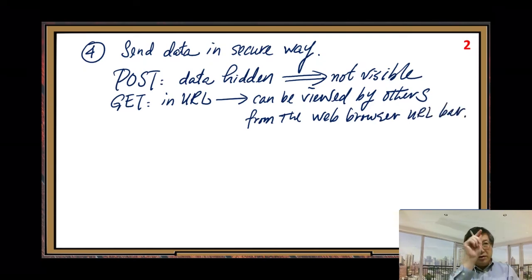If you click the mouse on that URL bar, you can see the query data parameters encoded in the URL part. Think about if someone sent username, password, credit card number, social security number, birthday in that way. It's not secure. So this is another important difference between POST and GET.